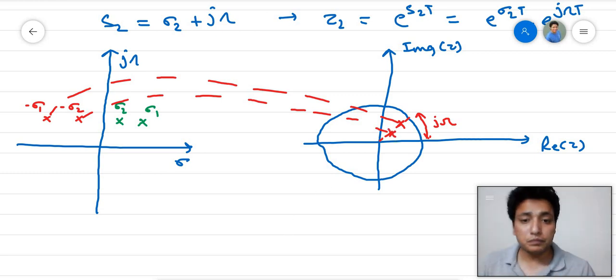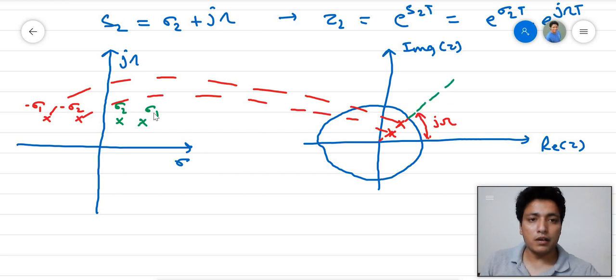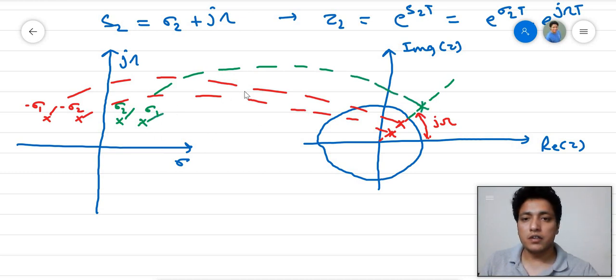Now the poles with sigma 2 and sigma 1 will be located on the same line but outside the unit circle. So sigma 2 will lie here and sigma 1 will lie here.